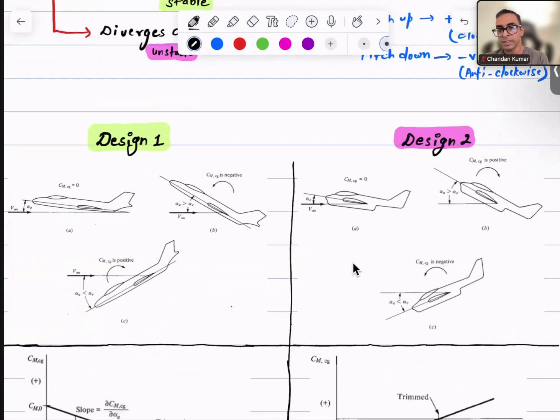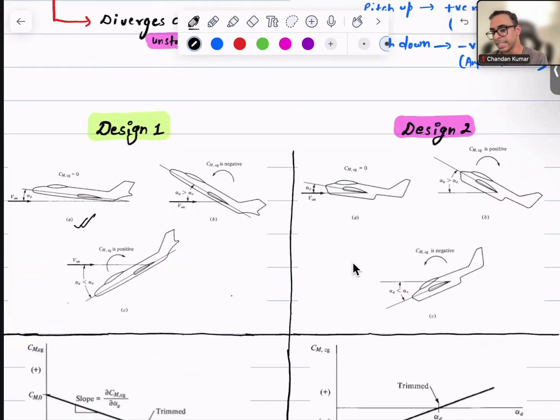In design 1, we have an airplane flying at a trimmed condition with angle of attack alpha e and moment about the center of gravity is 0, because we know that in a trimmed condition there is no moment about the center of gravity. So this moment coefficient is 0. All of a sudden a gust of wind comes from the left hand side, disturbs the airplane and increases the angle of attack.